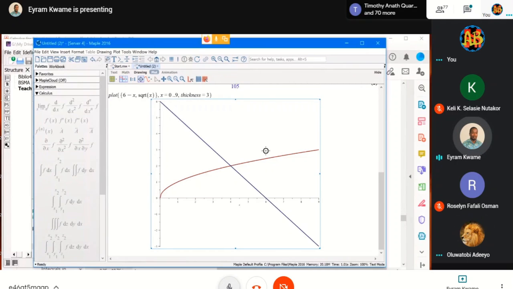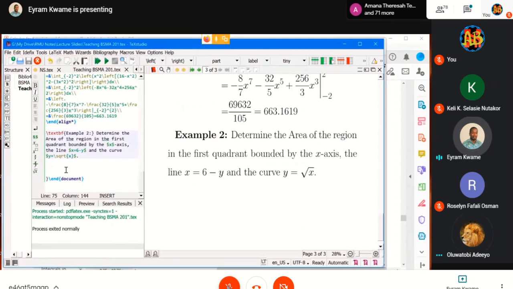Okay, so let's look at this. The one who said we should start from 0 to 2, that is perfect. You can start from 0 to 2, but if you do that for y, then x must be from where? This curve, this curve. So these are the possibilities. I'm going to type it out now.